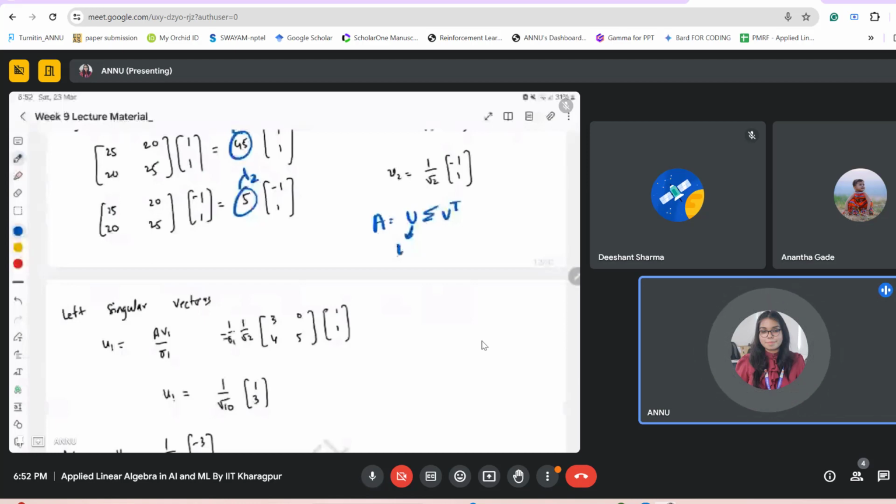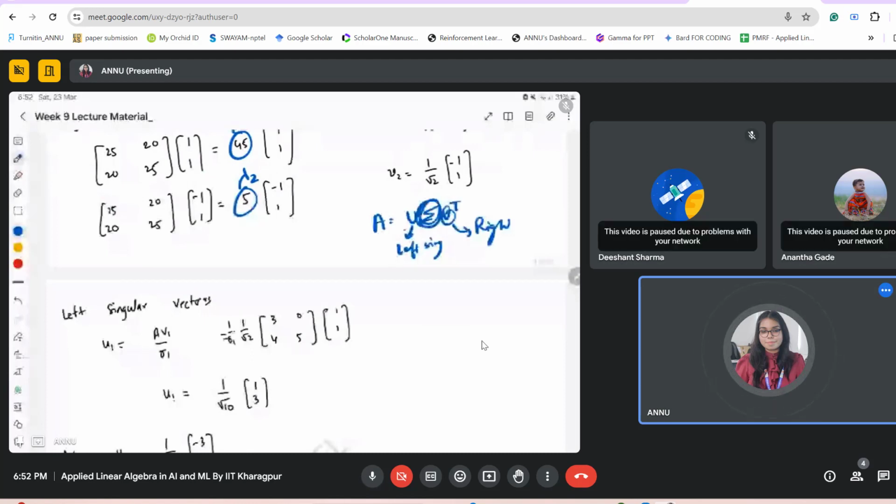We can calculate sigma from u1 equals A v1 divided by sigma. Using this we can write sigma 1 u1 v1 transpose, because A v1 equals sigma 1 u1. If you write u1 here and sigma 1 here, and v1 inverse, this is u1 sigma 1 v transpose, so the v transpose goes here.